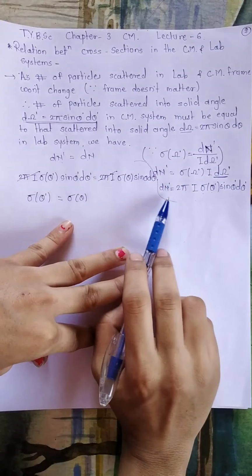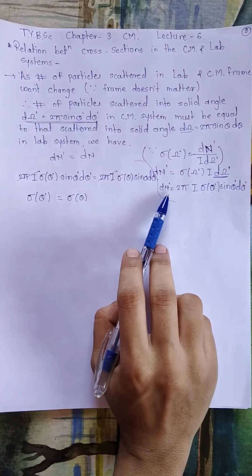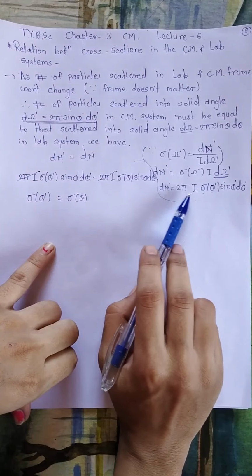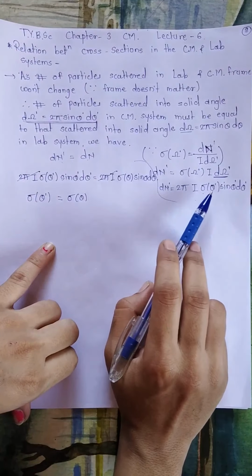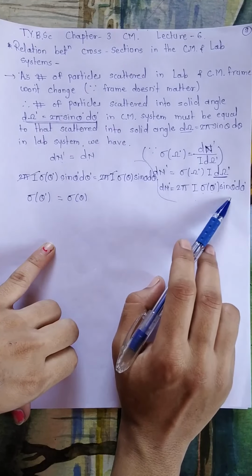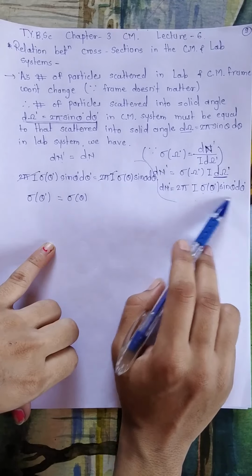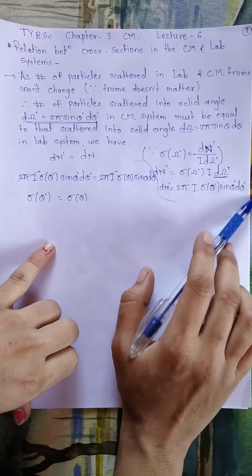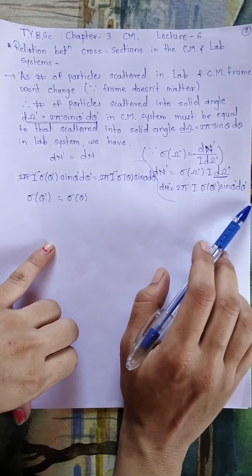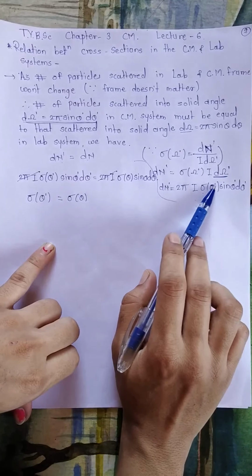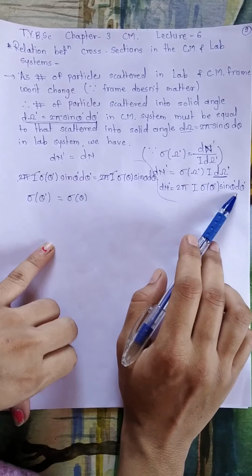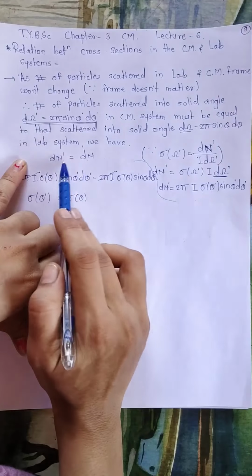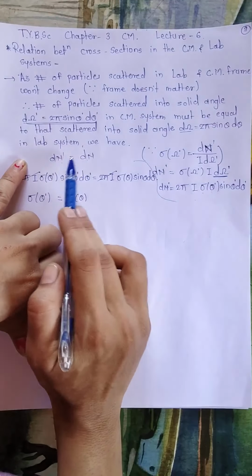So according to this, the number of particles scattered in the center of mass frame is 2 pi I sigma of theta dash sin theta dash d theta dash. And for the lab frame also it will be the same, just notations are different. In the lab frame we don't use dash. So both numbers of particles scattered are equal in the corresponding frames.